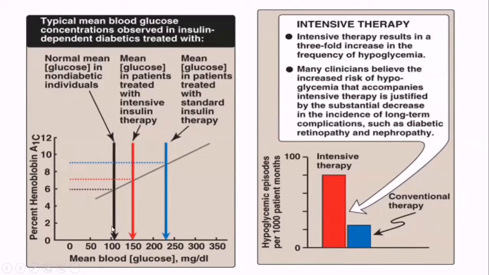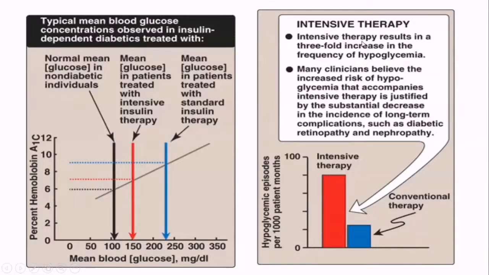So you can clearly see the difference of the mean blood glucose and its correlation with the percent hemoglobin A1C.